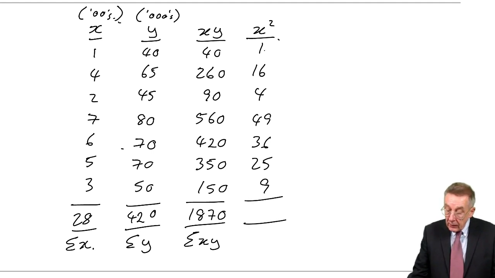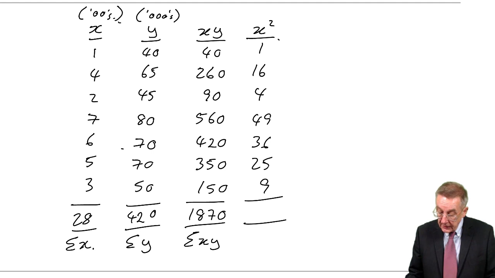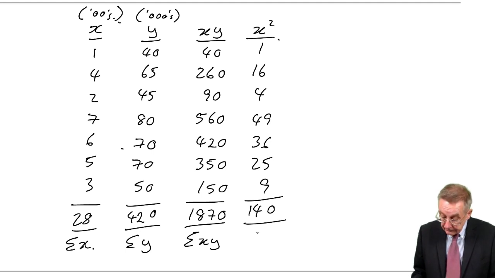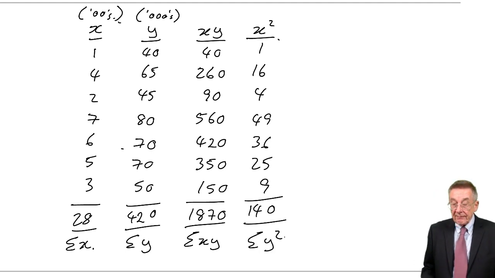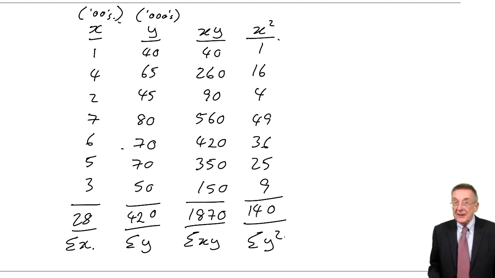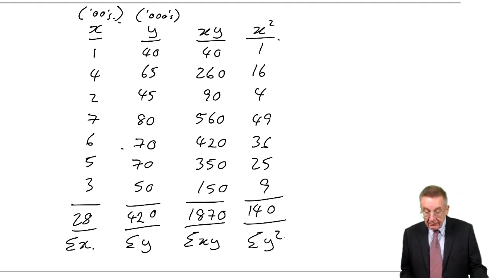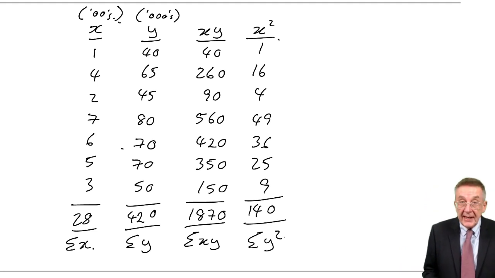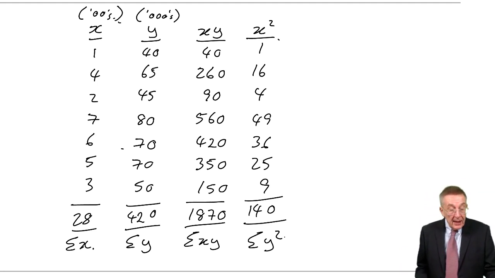Add them up. 140. Now, if you're doing this with me, don't throw this away because we will need to do something else later. But I think now we've got everything we need for our formula.